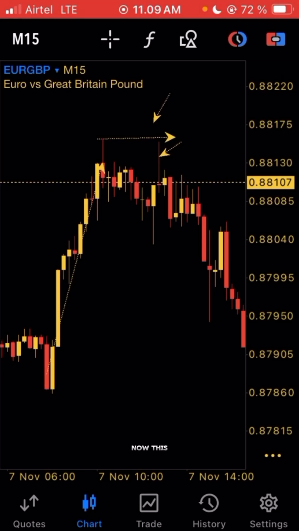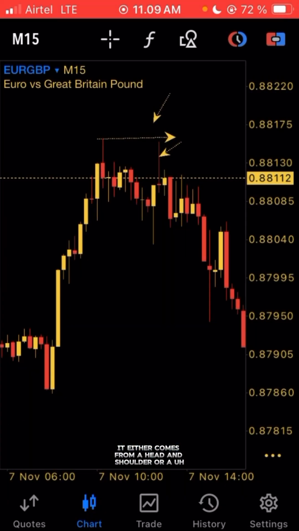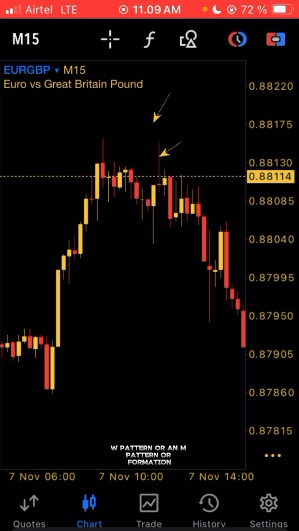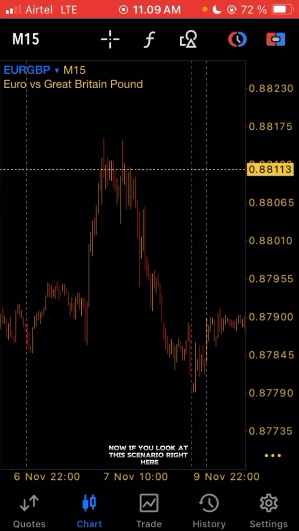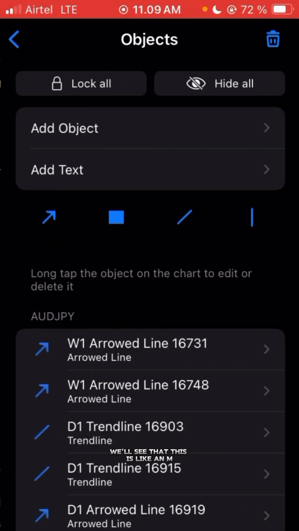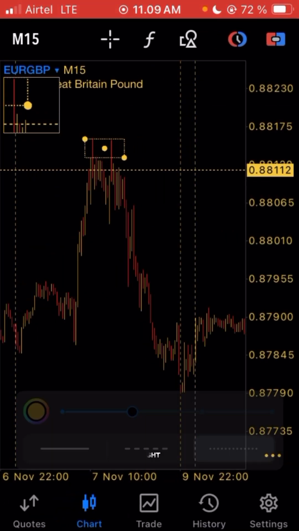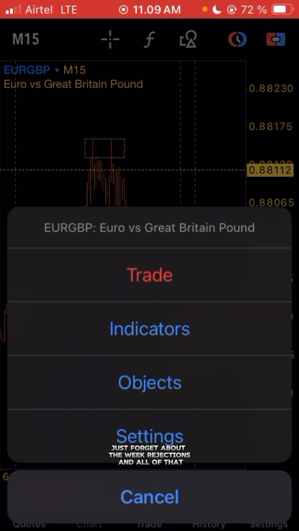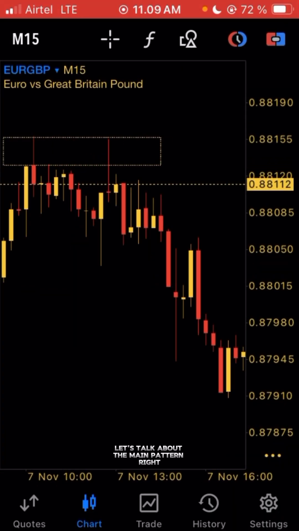Now, this loss of momentum comes in two ways. It either comes from a head and shoulder, or a W pattern, or an M pattern or formation. So let me explain. Now, if you look at this scenario right here, we'll see that this is like an M, right? Just forget about the weak rejections and all of that. Let's talk about the main pattern, right?